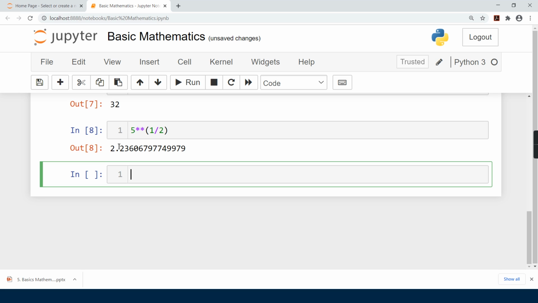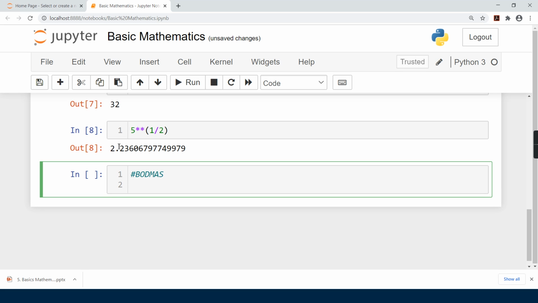Now let's look at the order of operations that can be carried out in Python. So I had mentioned this thing called BODMAS. BODMAS stands for bracket, of, then we have division, multiplication, addition, and subtraction.